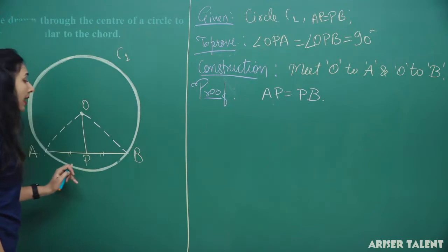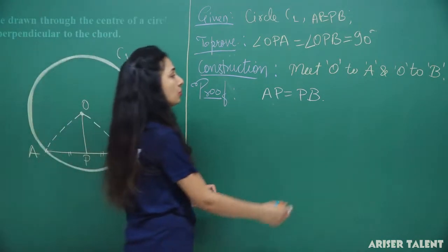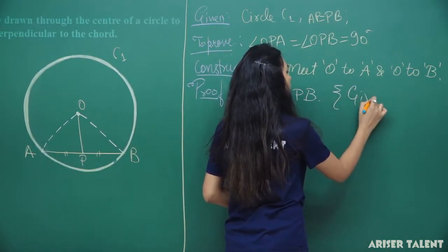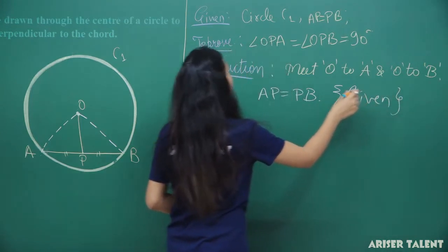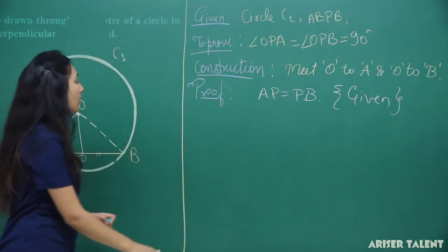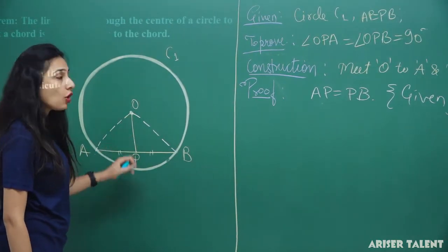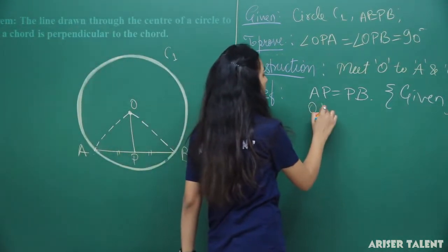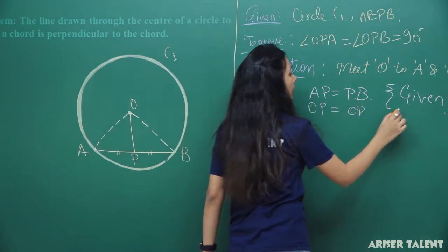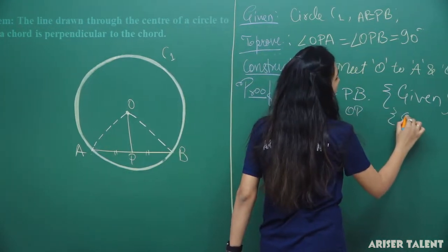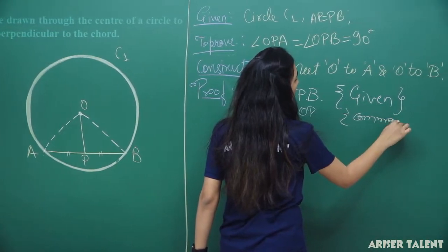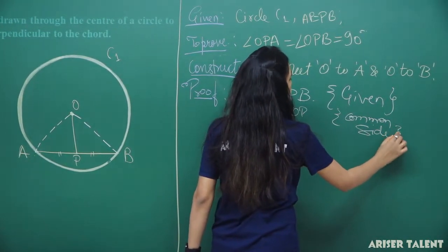First thing, why is it so? Because it's given, it's so obvious. We have written it here also, AP equals PB. Now the second thing: OP is a common side. So OP equals OP. What, students? Common side it is.